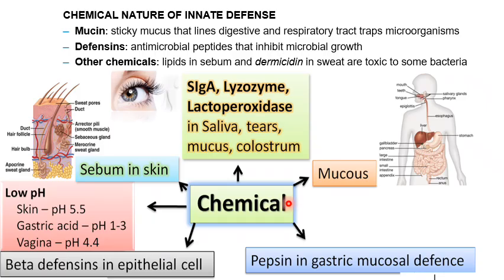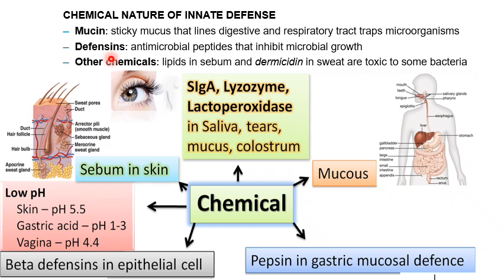It gives the microorganisms a hard time to penetrate us through the skin. And here's the chemical part. In the chemical nature of the innate system, we have mucin, defensins, and other chemicals. Mucin is that sticky mucus that lines the digestive and respiratory tracts, and it traps microorganisms. Defensin is an antimicrobial peptide that inhibits microbial growth.